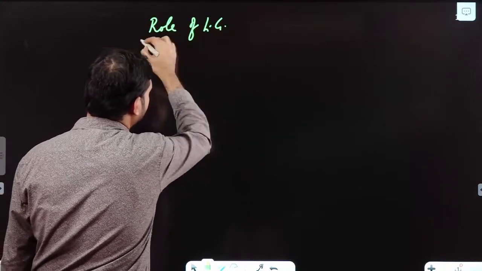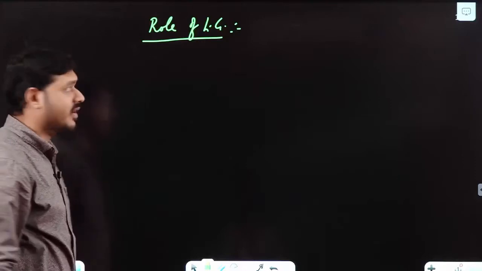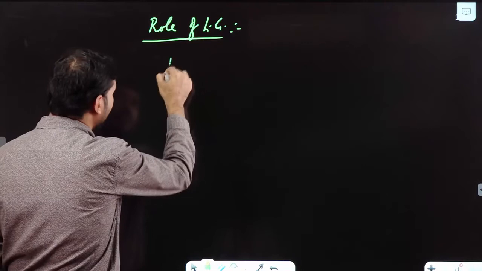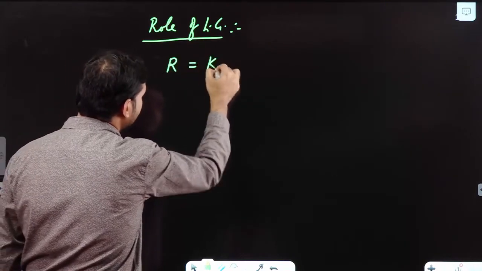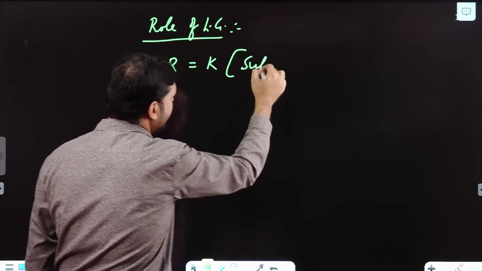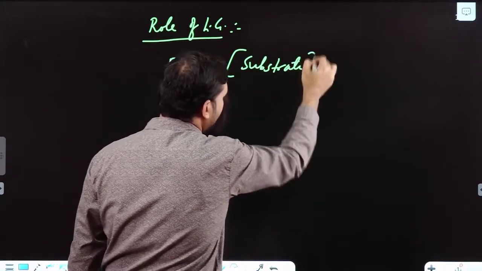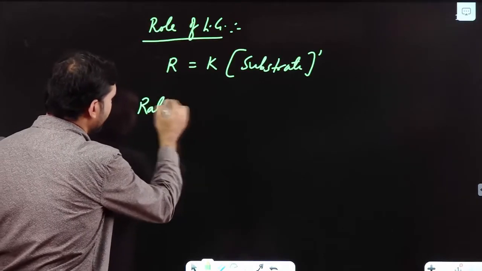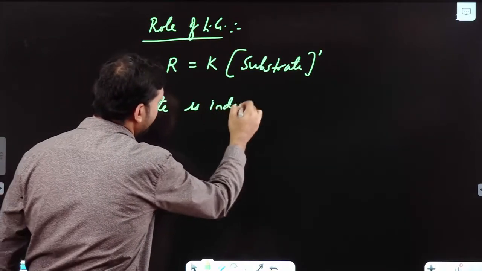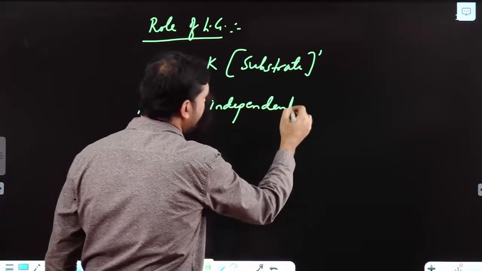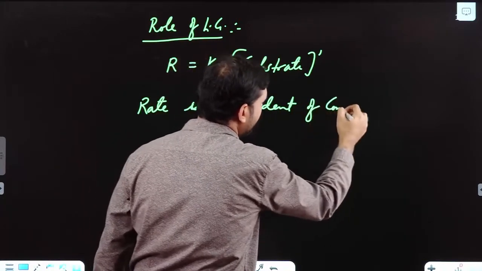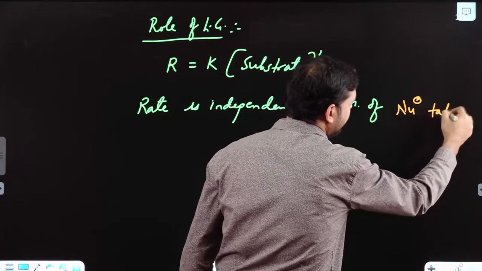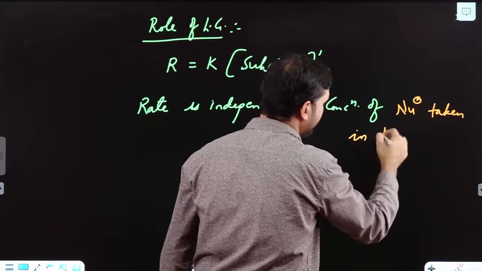Role of leaving group. Now what is the role of leaving group? Leaving group plays an important role. See, when we say that rate of reaction equals rate constant times concentration of substrate raised to the power 1, the rate is independent of the concentration of nucleophile taken in the reaction.